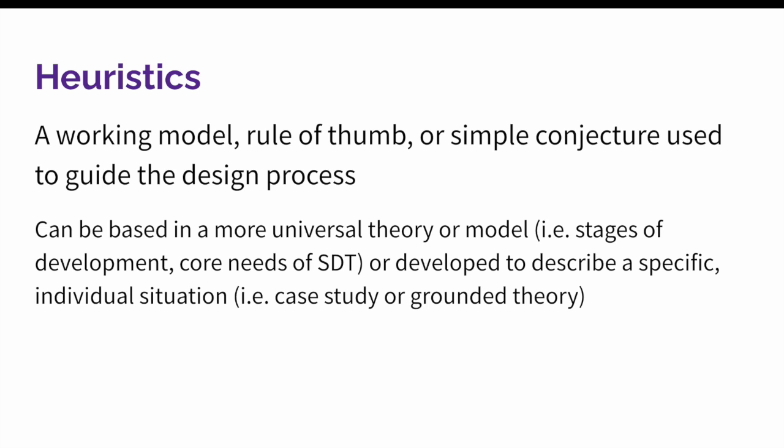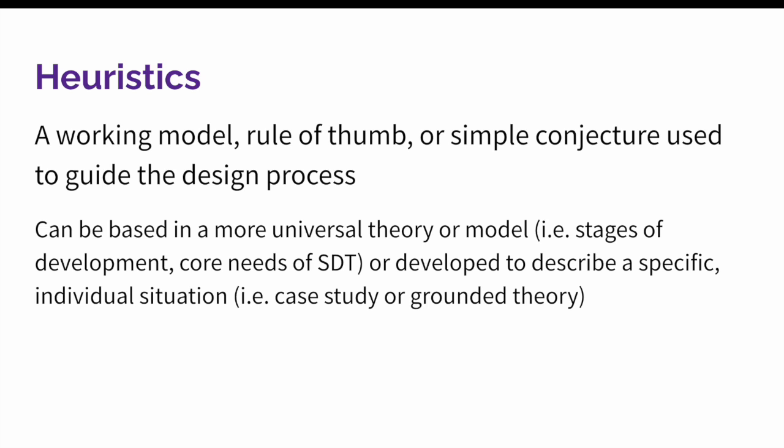Heuristics can be based in evidence-based theories. You can derive heuristics from more widely used models like stages of development. A useful design heuristic is the core needs of SDT, self-determination theory. Now, what that doesn't mean is that the designer is going to do rigorous psychological research to determine whether and how those core needs are being met within the design.